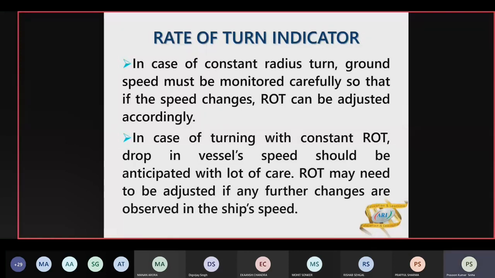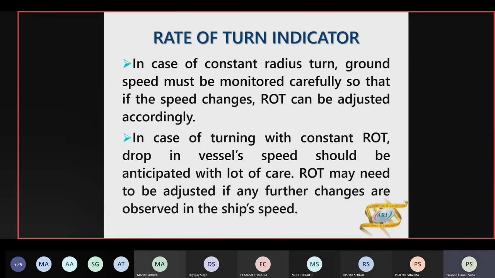So how much of speed drop is going to be there? It cannot be just an arbitrary value. क्या चाहिए इतना है इतना कर लेते हैं. There are practical things to be considered, and that is why we take the assistance of master who has got a lot of experience of handling the ship.